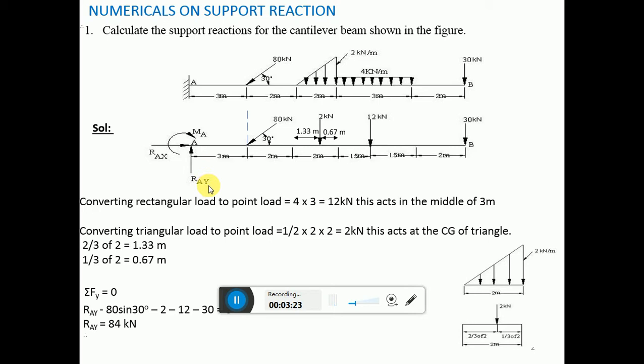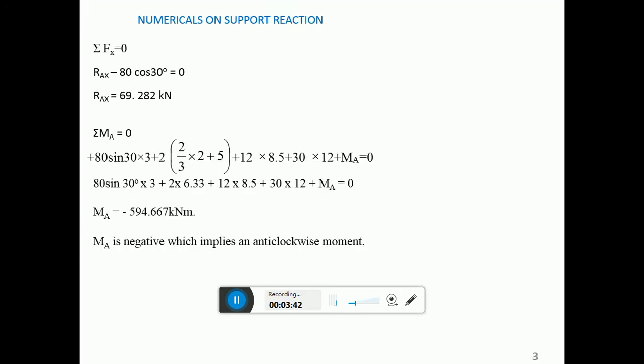Next, you can apply summation Fx is equal to 0. So RAX minus 80 cos 30, no other x forces. So RAX is equal to 80 cos 30. Simplifying, you will find RAX.